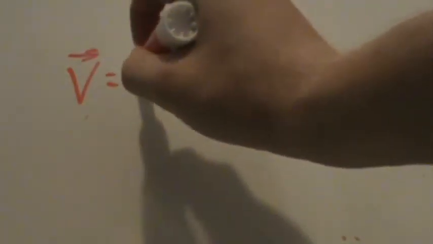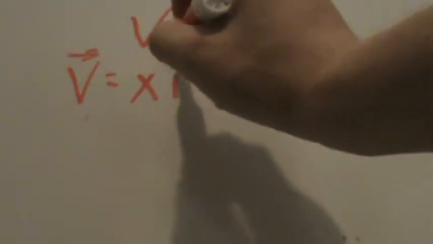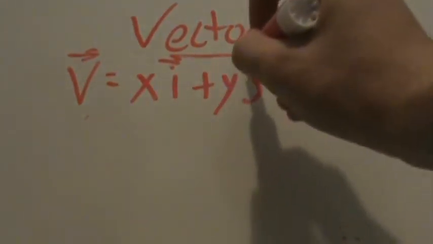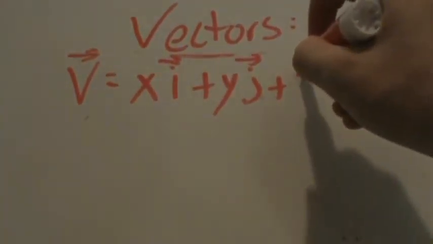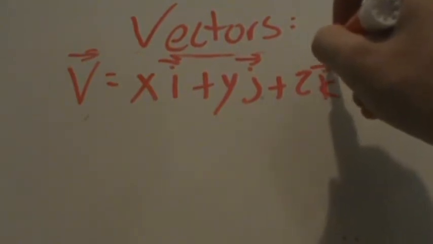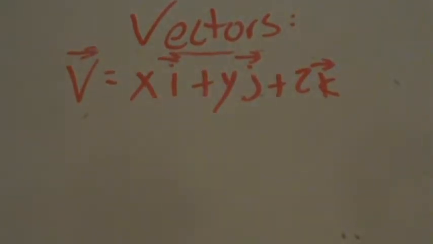So for symbolic reasoning, let's take our vector. Let's say our three-dimensional vector is equal to xi plus yj plus zk, denoting that these constants will be in that sort of direction.